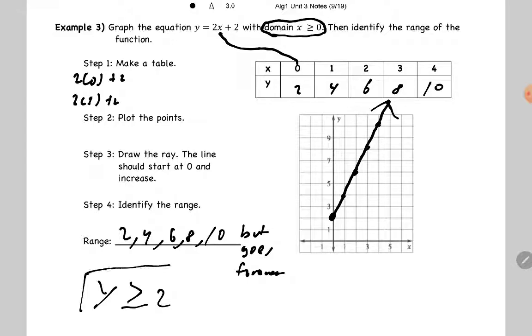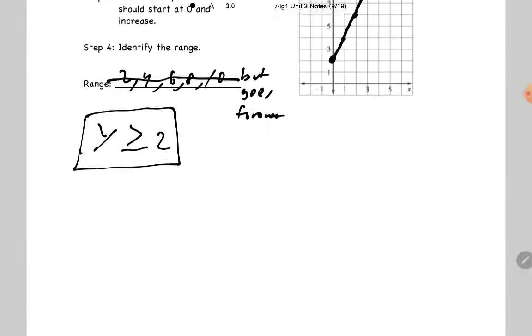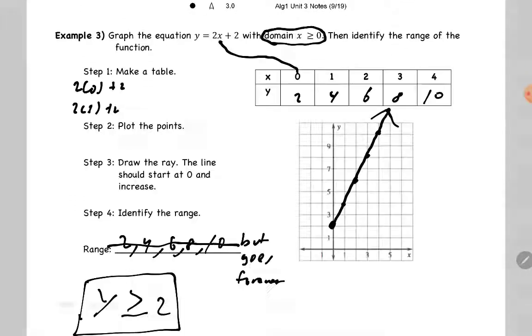So our range is y is greater or equal to 2, because I could have plugged in 0.5 into the domain, and 0.5 would have given us 3. So our range isn't 2, 4, 6, 8, 10. It's everything bigger than or equal to 2. Okay.